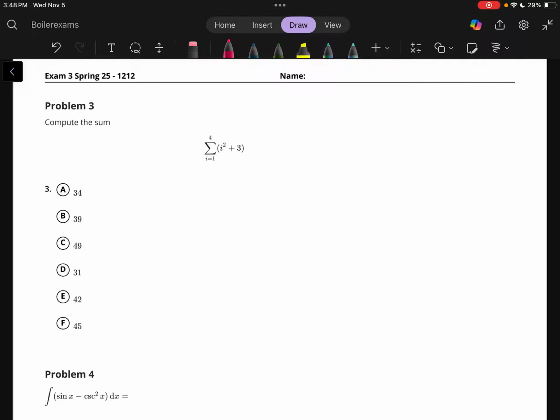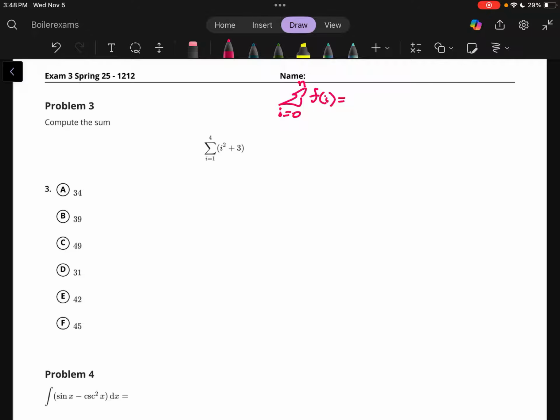Question 3 says, compute the sum of i squared plus 3 from i equals 1 to i equals 4. So this problem is asking us to find a summation, and just as a quick review of summations, let's say I have i equals 0 up until n of f of i.